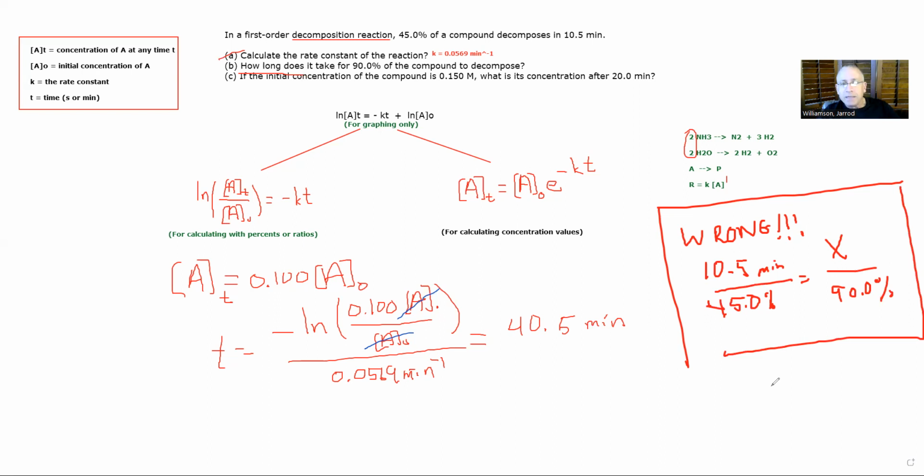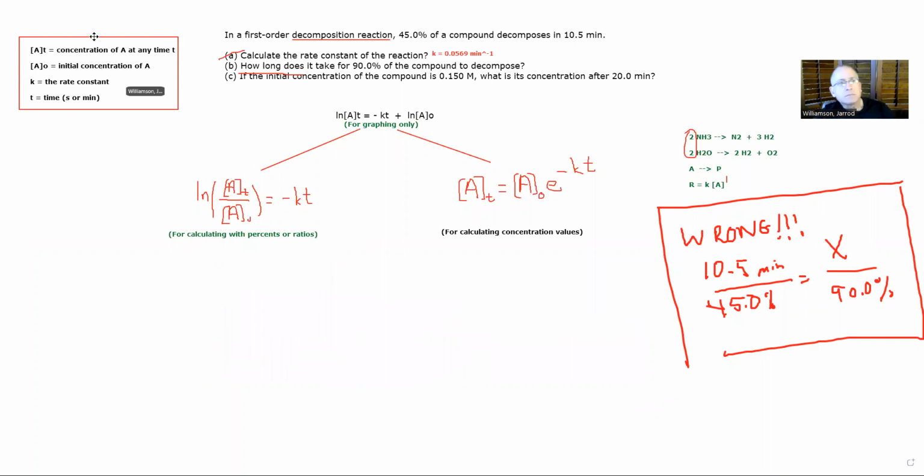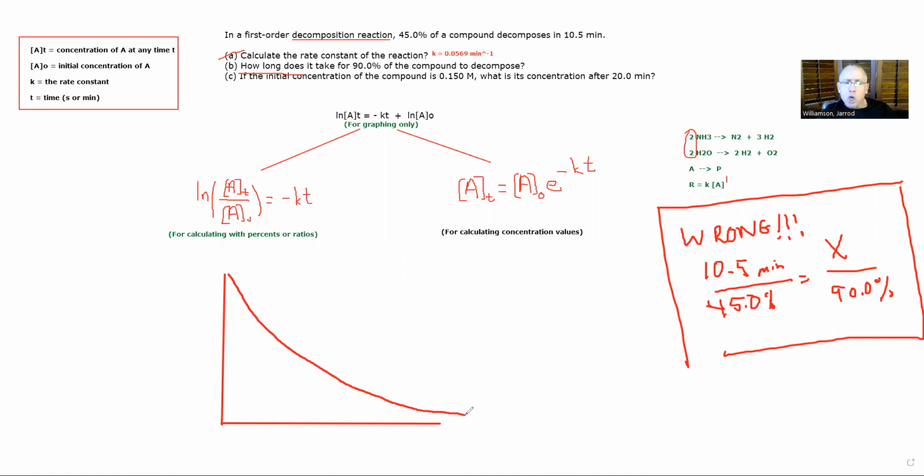Why is that? Let me erase this stuff here. We got 40.5 minutes. Let me show you why that is wrong. Okay, make sure you know this. When chemical A decomposes, it decomposes with a curve.